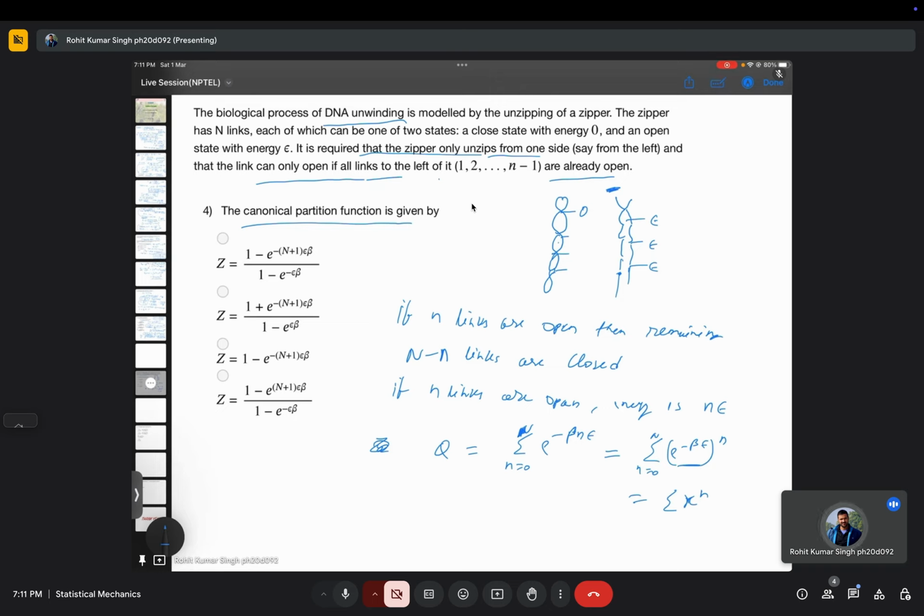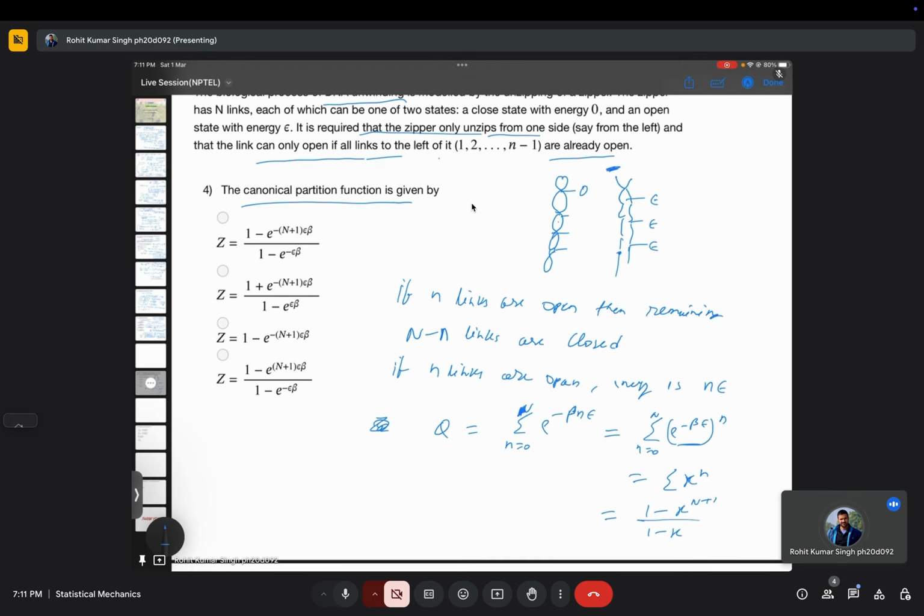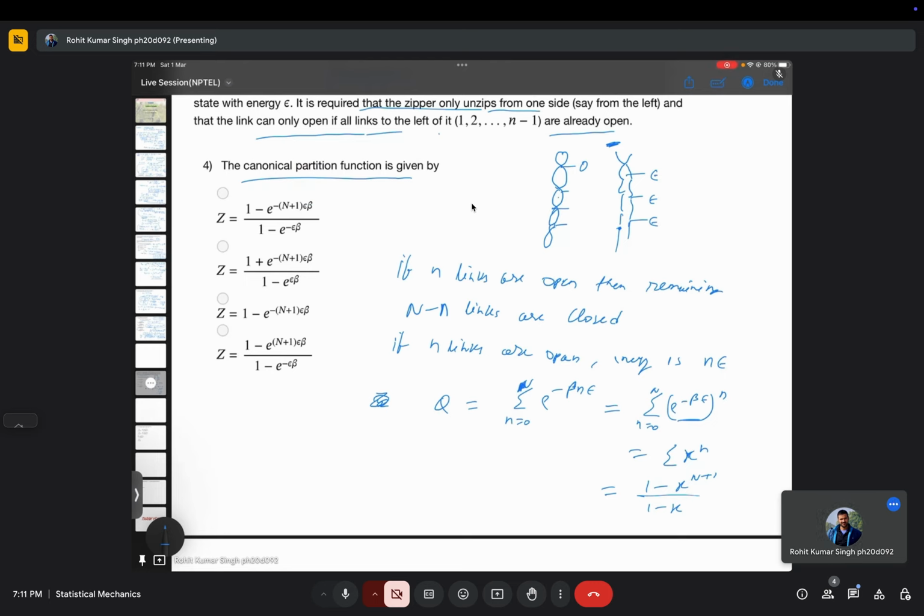So it is a geometric series, and the geometric series sum is given by this, right? So here x is this quantity, so Q is simply 1 minus e to the power of this. This is your answer, which is option 2. No, sorry, option 1.